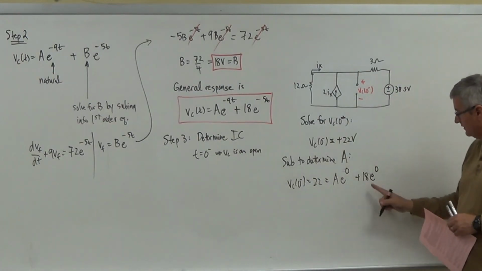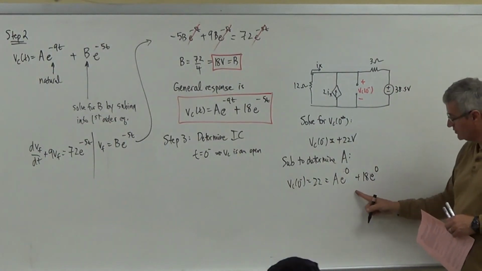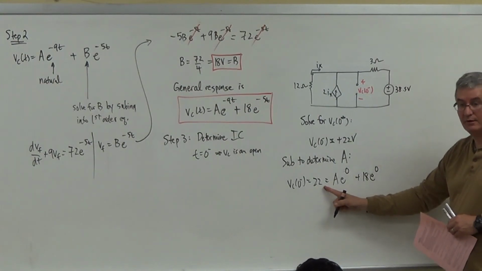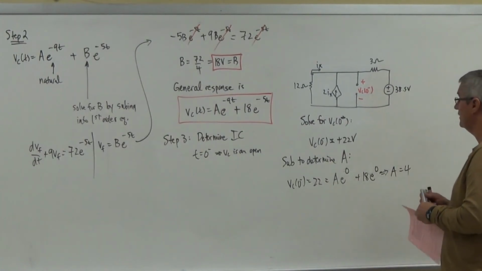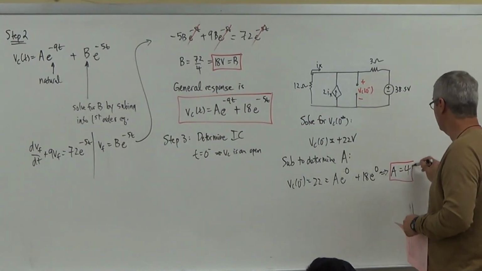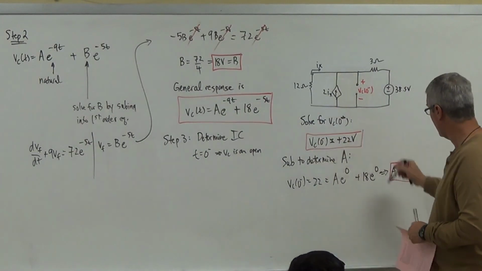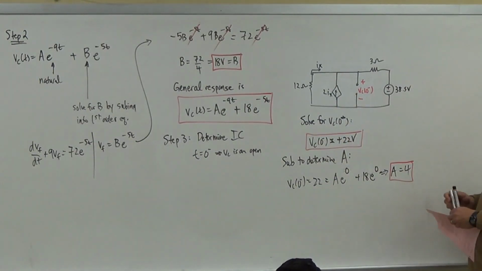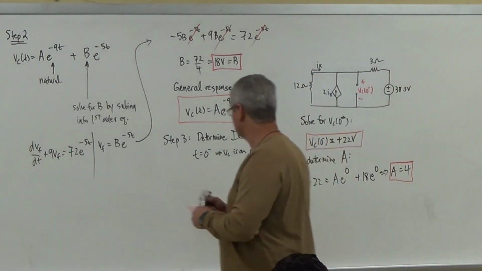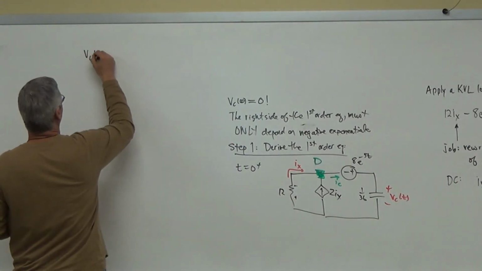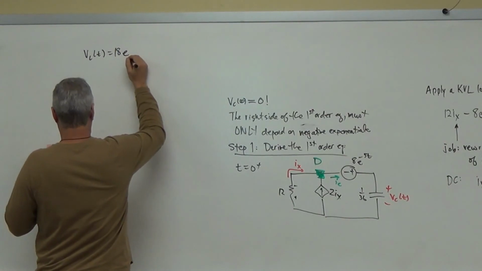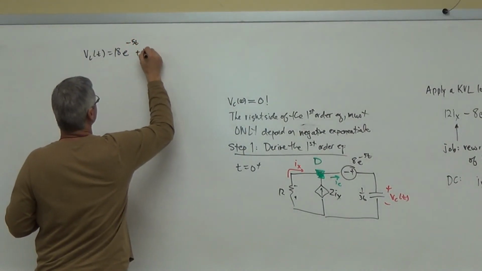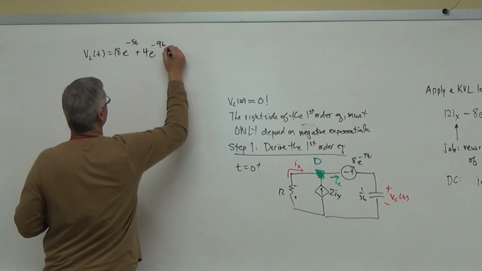And you can see that that 18, when I bring it to the other side, is going to give me 4. So this tells me that A is equal to 4. Okay, so I got my initial condition, I apply it to get my A, and I am out of space. So I'll walk all the way over here, and I see that Vc of t is then 18e to the minus 5t plus 4e to the minus 9t volts.